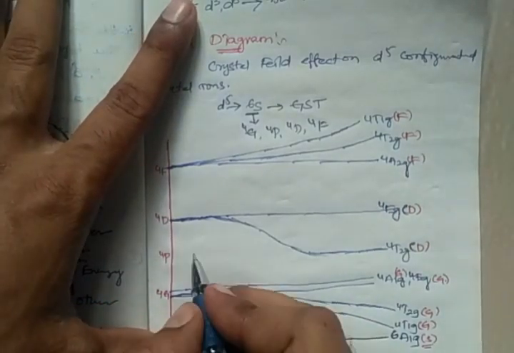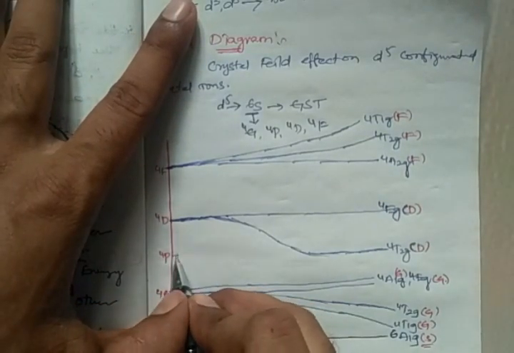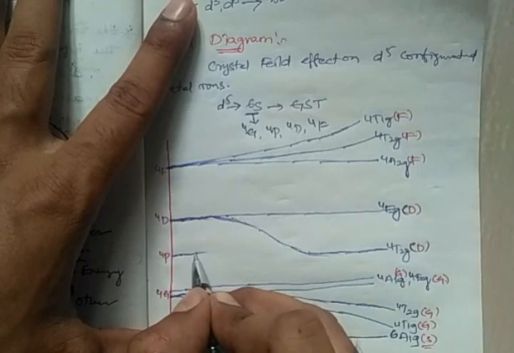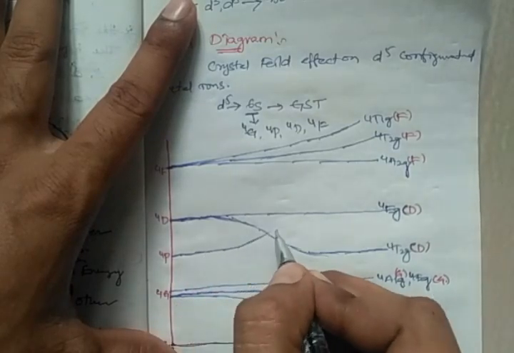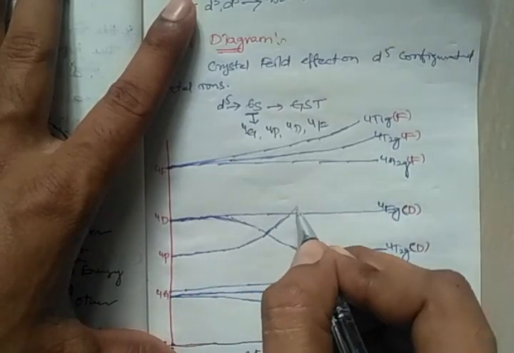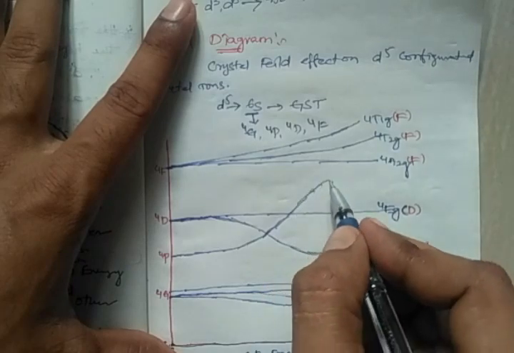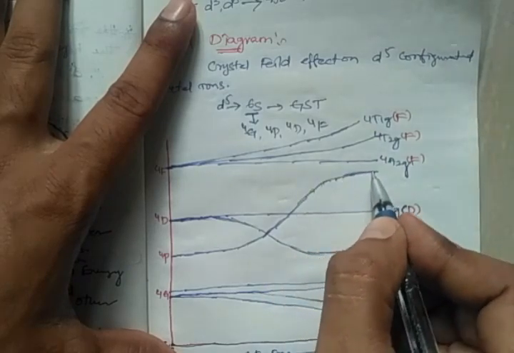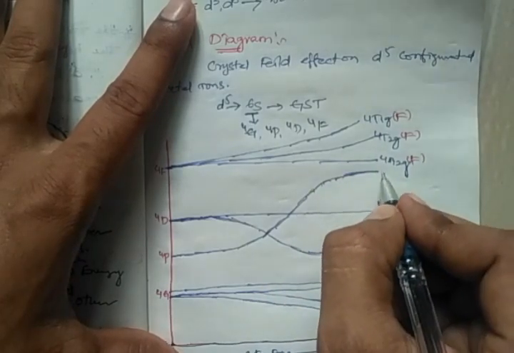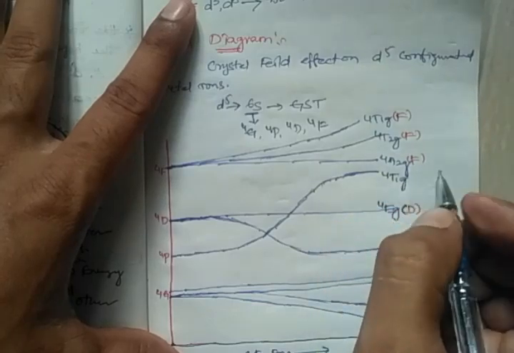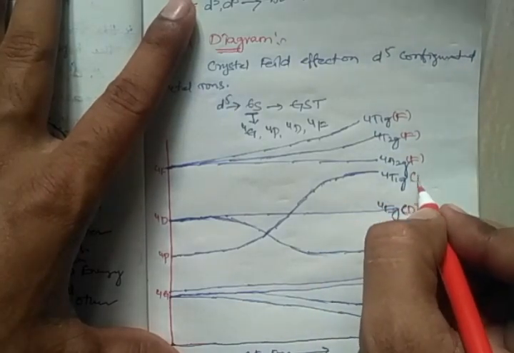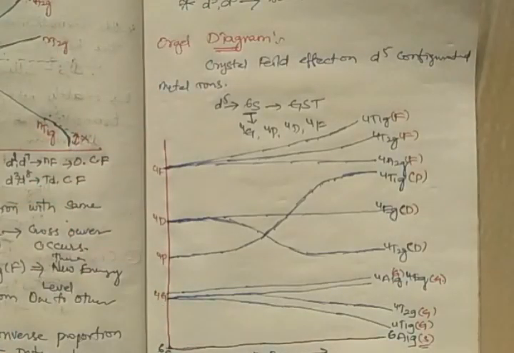The P term will have T1g, and this T1g will rise in energy, the 4T1g of the P term, right?